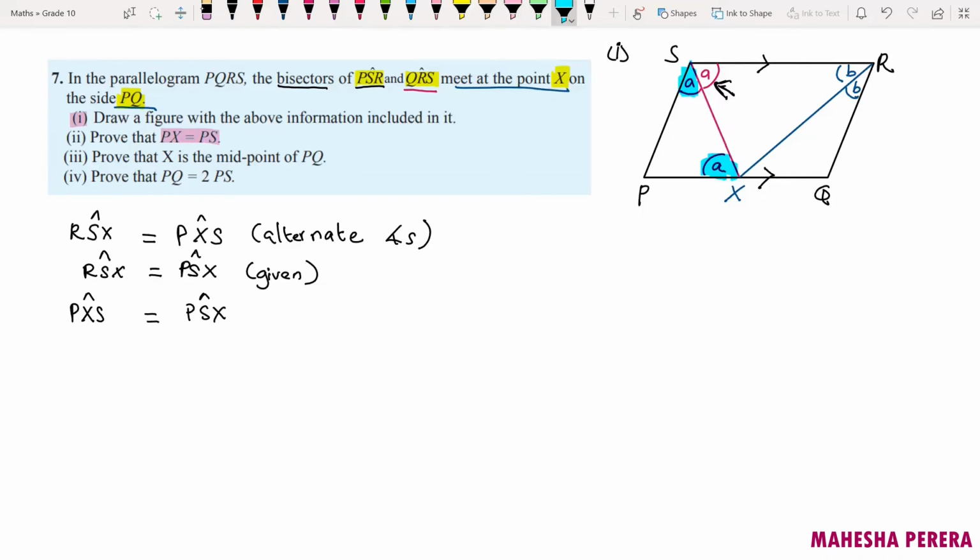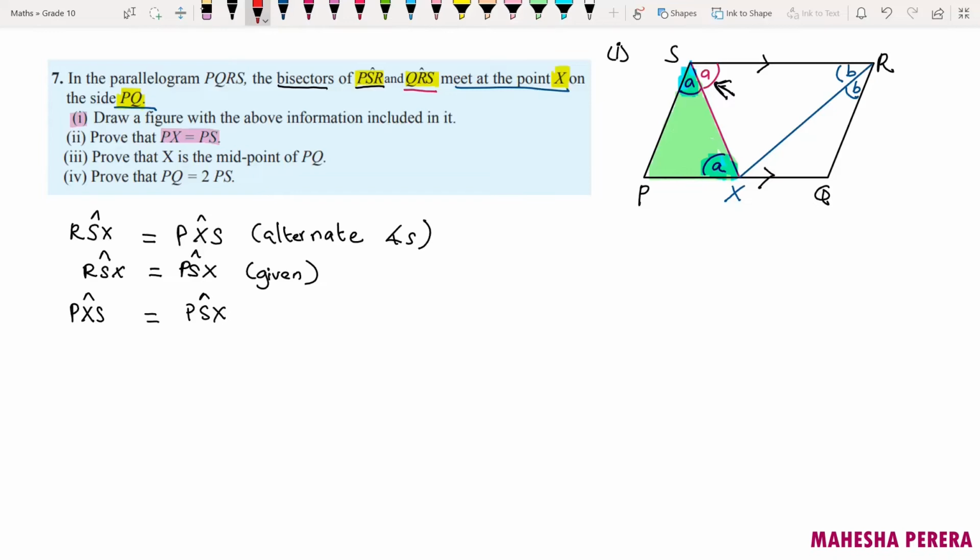Right, now if these two angles are equal, if you consider triangle PSX, this triangle, do you recall the isosceles triangle theorem and the converse theorem? You can see two equal angles in a triangle. So definitely sides opposite equal angles of a triangle are equal.